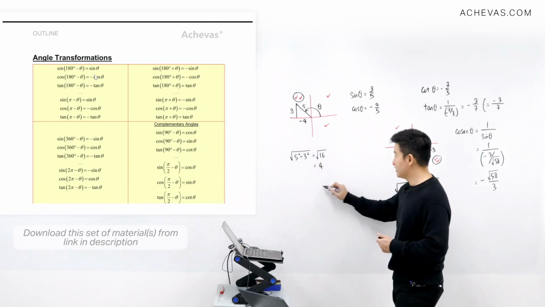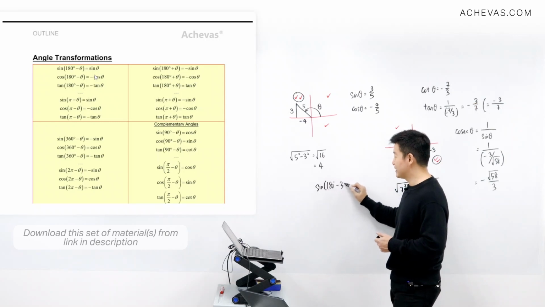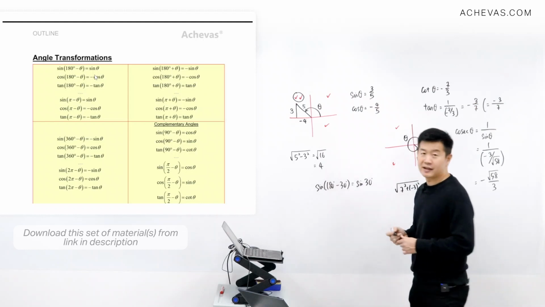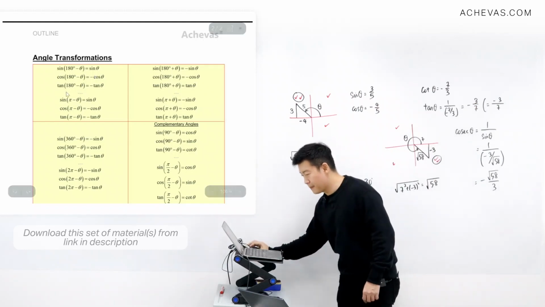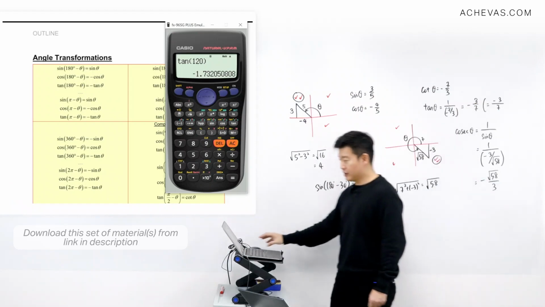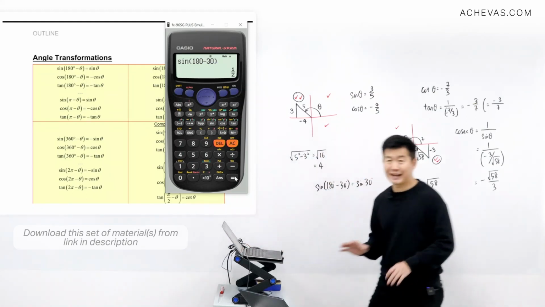Okay, let me just write it down here. So sine of 180 degrees minus 30 degrees. Let's see whether it is really equal to sine 30 degrees. So let's try. On our calculator, we are in the degree mode because here is D. So let's try to press sine of 180 degrees minus 30 degrees, we get a half.